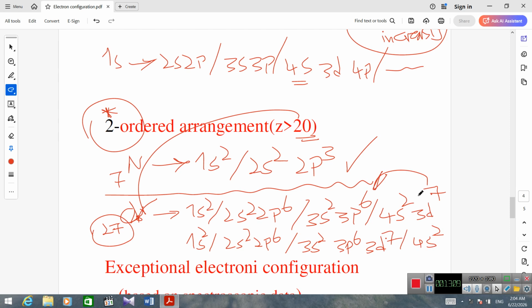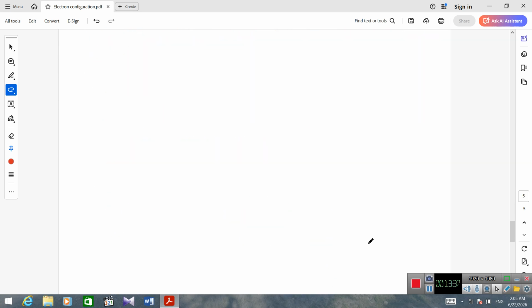The first one is the order of filling, and the second one is ordered arrangement. And as you can see, it means the total number of principal quantum numbers that are 3 must be in one layer, because they belong to the third layer.